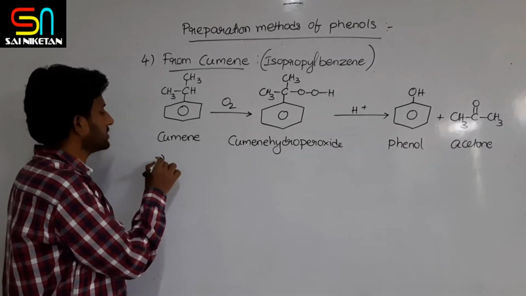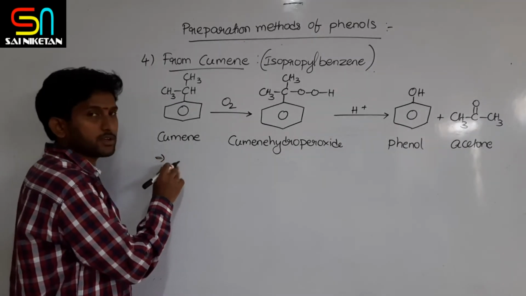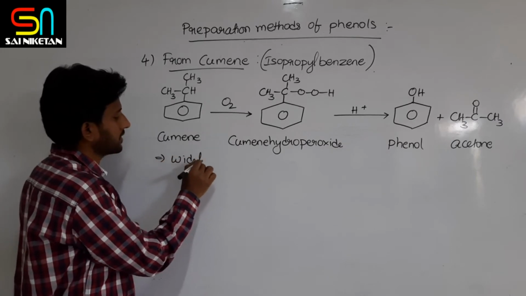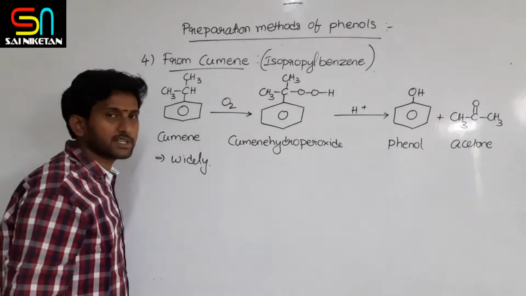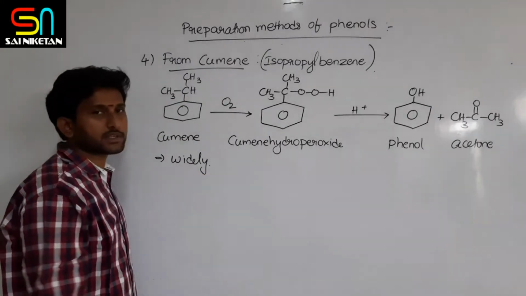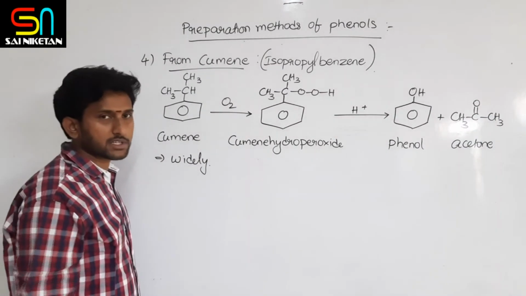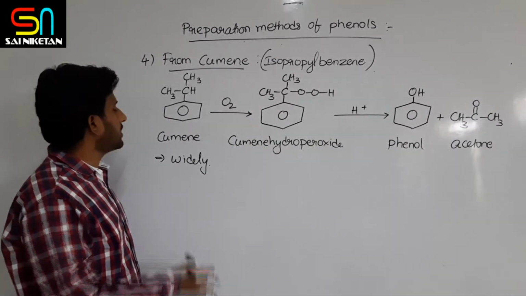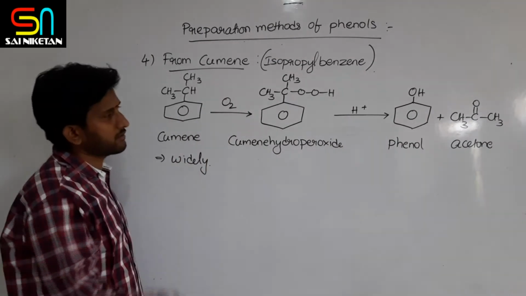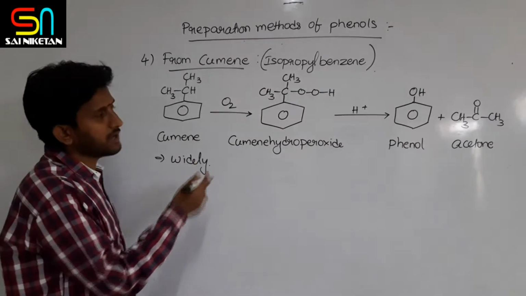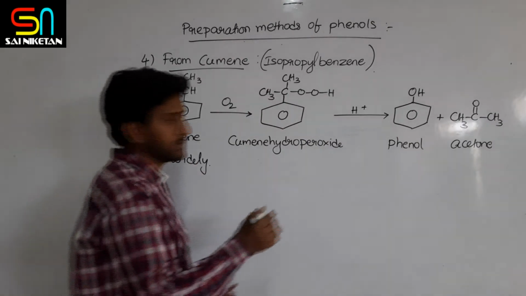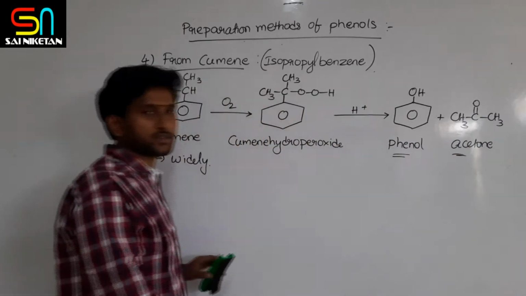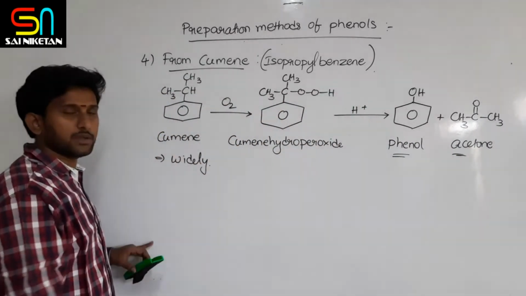And this method is used for preparation of phenol, okay, widely this method is used in industries along with Dow's process. Okay, Dow's process is also commercially used, and this is also one of the commercially used methods for production of phenol. And this method also has the advantage that here you get phenol along with another commercially important compound.